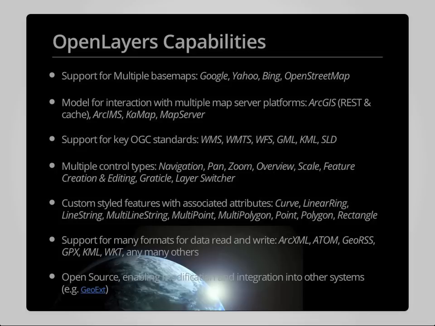The OGC WMTS provides an open standards-based model for being able to achieve a similar result in terms of pre-processing map tiles using a predefined grid and set of zoom levels to be able to provide essentially static map images instead of having to generate the map images on demand. A process that can be very computationally intensive, and if you're serving many clients very quickly, can place a significant demand on a server.